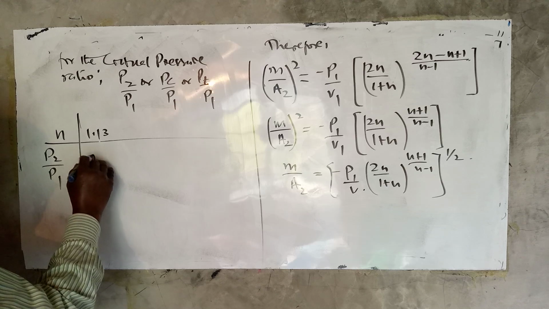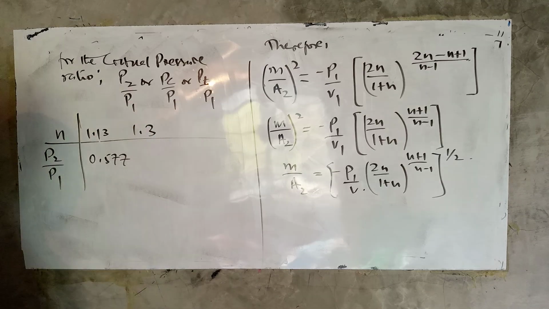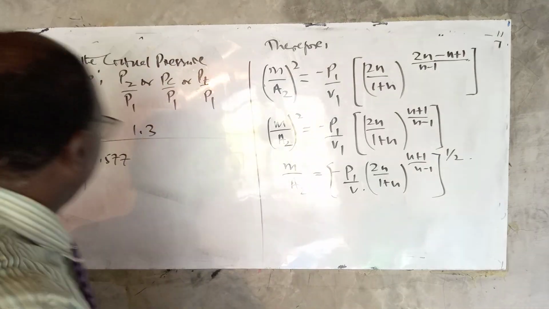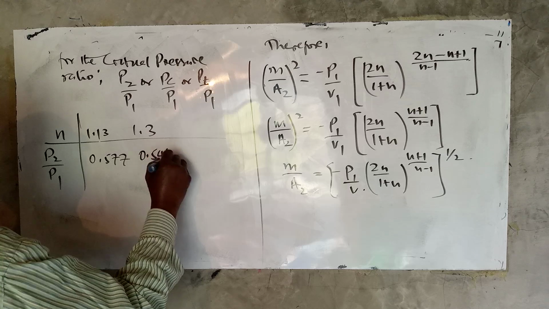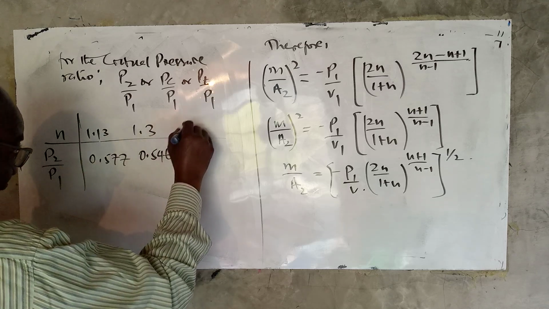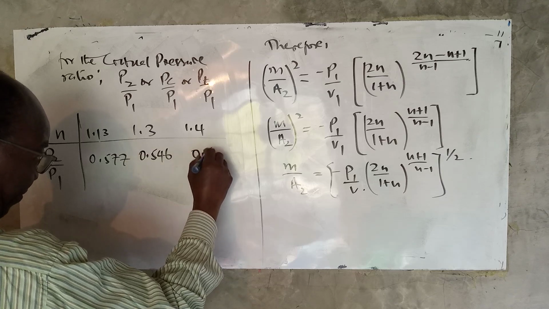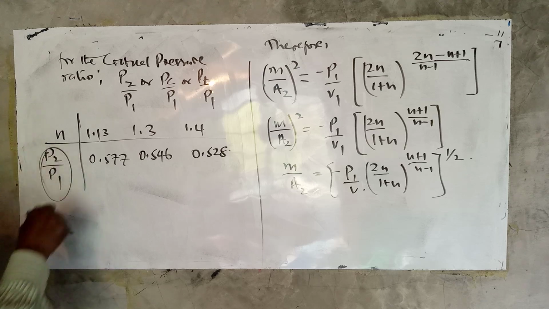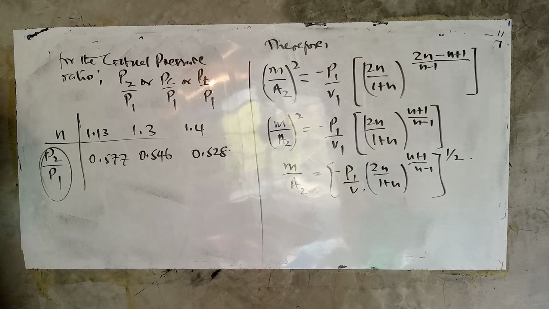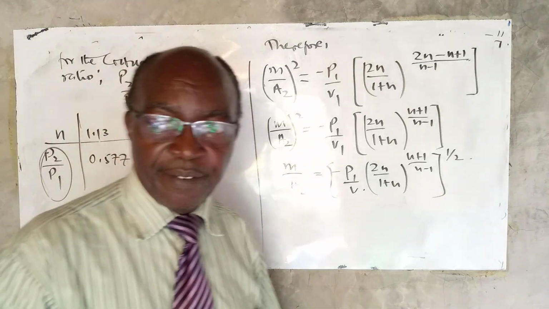This will be a value of about 0.577. And when it's about 1.3, that's in the superheat region, it will be about 0.546. And even higher, it will be about 0.528. And so clearly you can see that this critical pressure ratio is inversely related to the isentropic index of expansion.